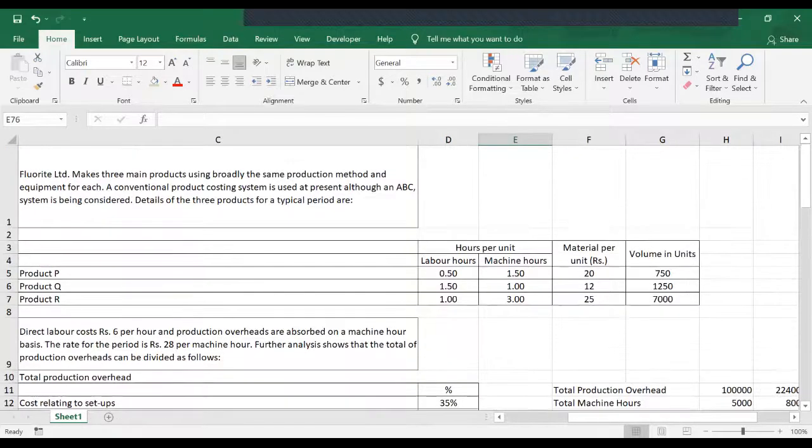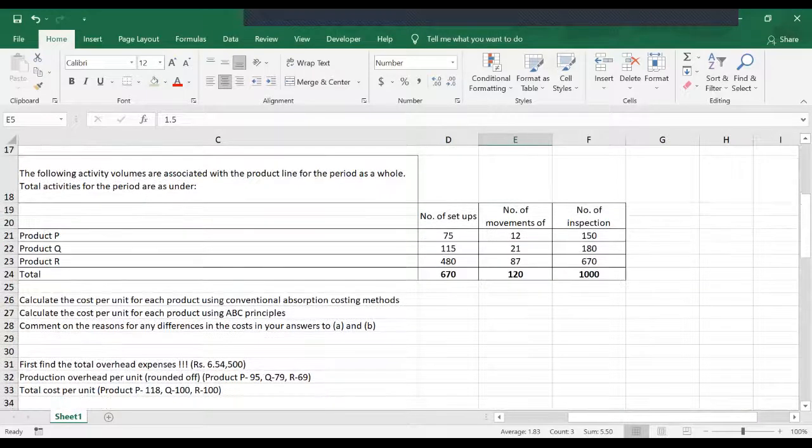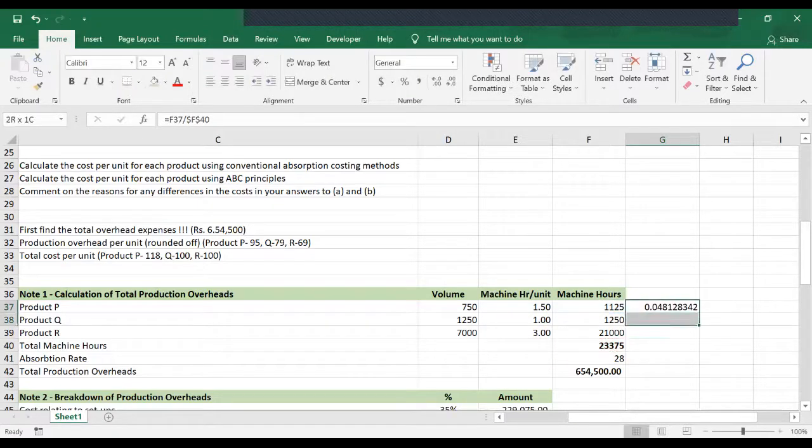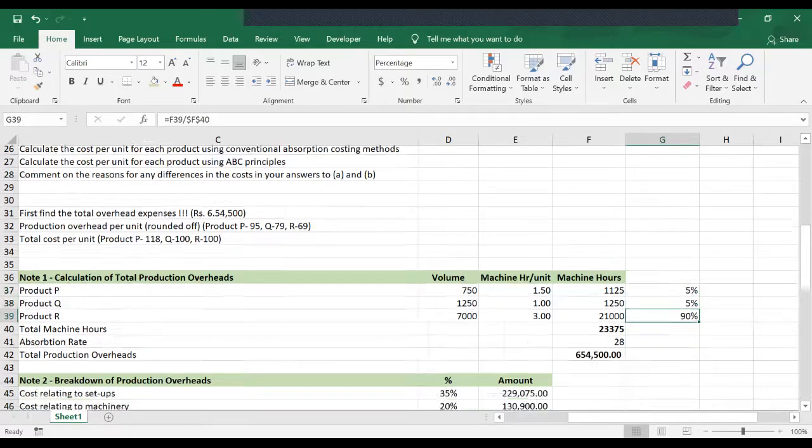In the normal case, everything is allocated on the basis of machine hours. If you calculate the percentage of machine hours, equal to this one divided by F4, you'll see that it's very heavily skewed, with about 90% of the costs being allocated to product R.